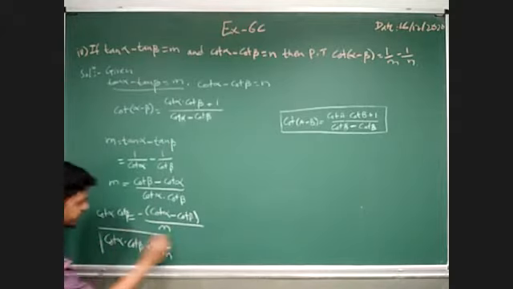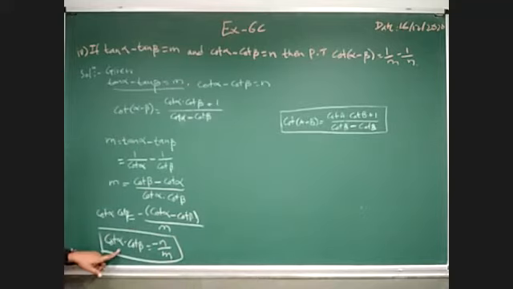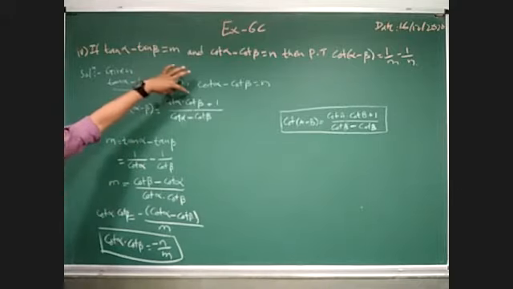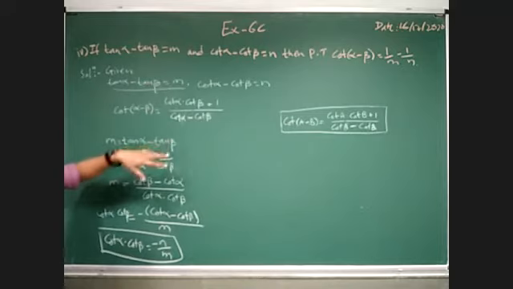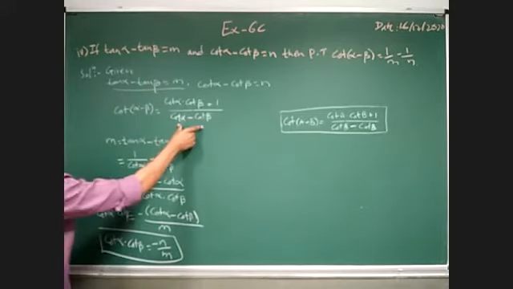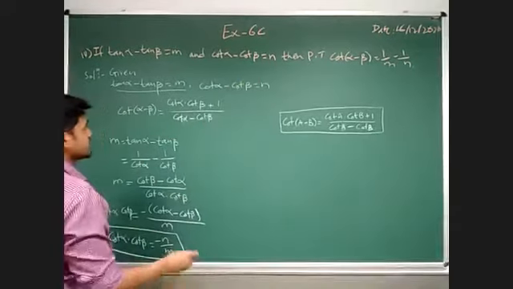So here I found cot alpha into cot beta is equal to minus n by m. Okay, here we found cot alpha into cot beta, and cot alpha minus cot beta is nothing but n.